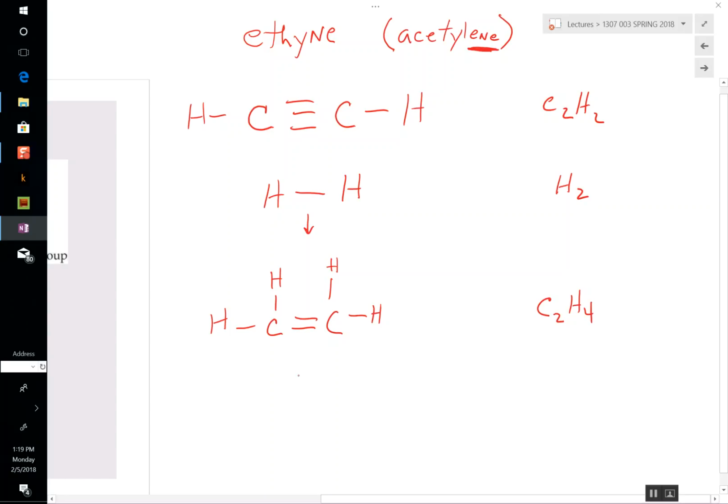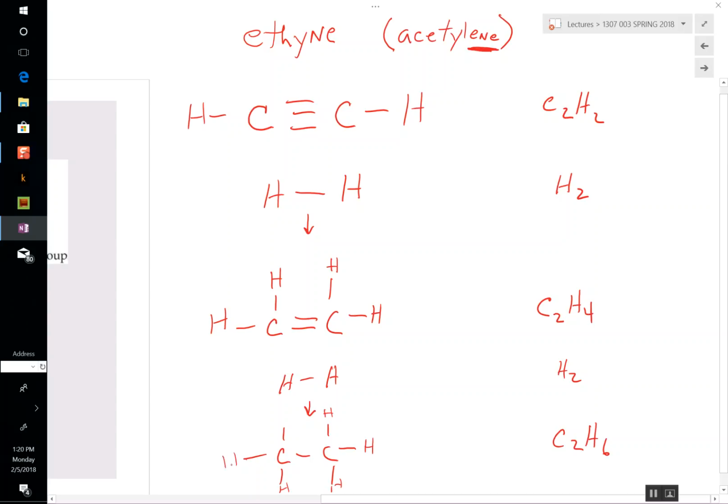But what does this mean? Well, you can come along here with another hydrogen, so you're adding two more hydrogens here, and what do you get? Well, we look at that reaction. This is ethene plus hydrogen forming ethane, C2H6. So you've gotten down to an alkane.